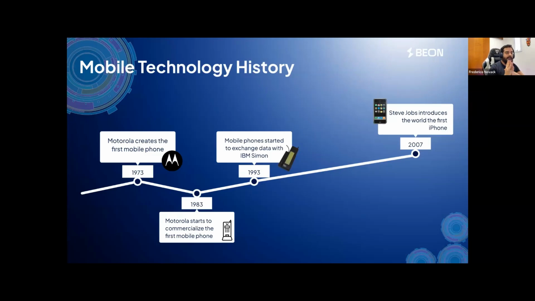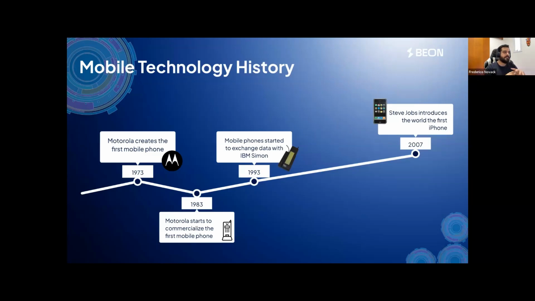The iPhone was a really big game changer in mobile history because Steve Jobs introduced a phone that was small and had great internet connection. You could communicate with, at that time, high speed internet. You could connect to Wi-Fi easily, and you had a remarkable touch screen.